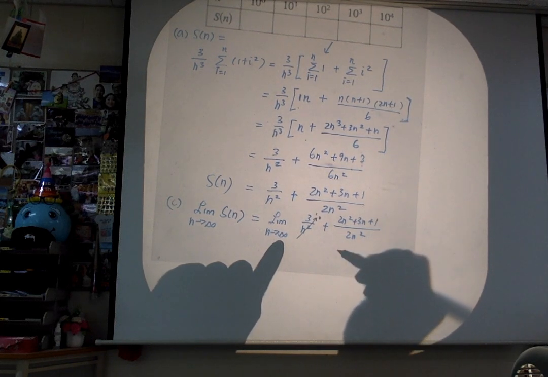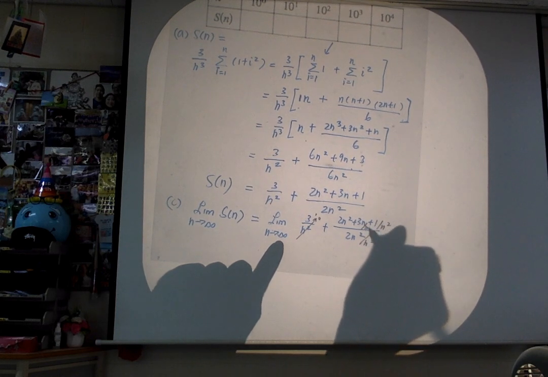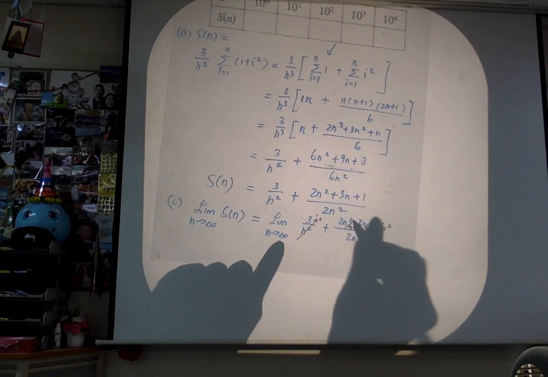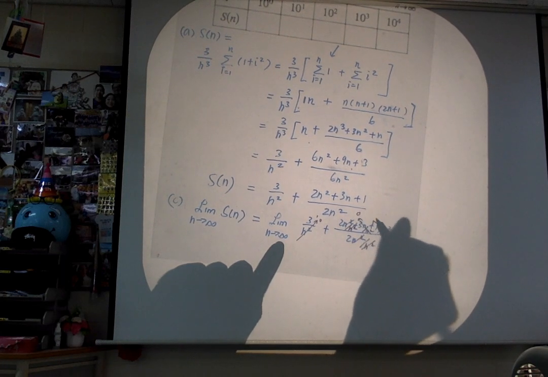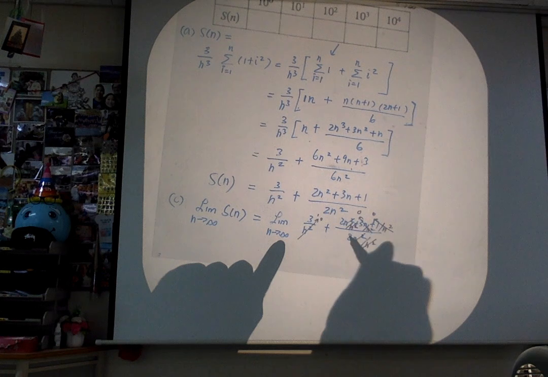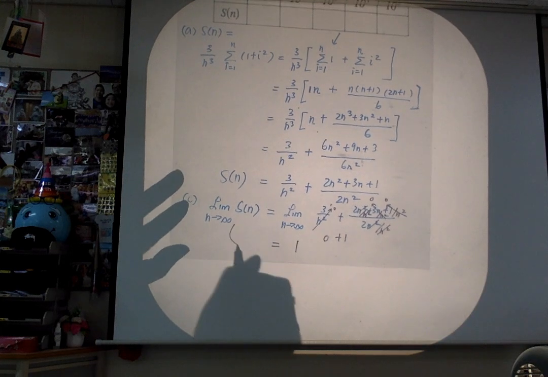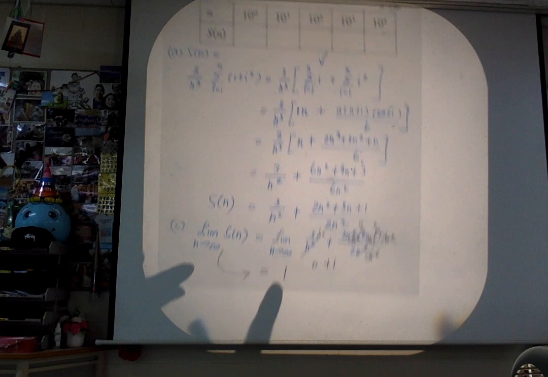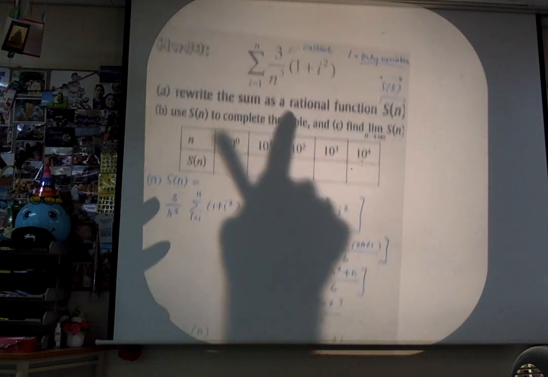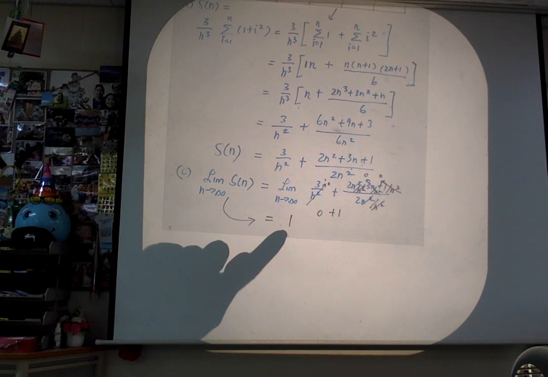All this goes to just 1, because you can divide this by n squared, n squared, n squared, n squared. And this goes to 0, this goes to 0. And you're left with 2 over 2, therefore the limit is 0 plus 1, or just 1. So the limit of S sub n as n approaches infinity is 1. That's the limit. So even if we add this n times, it's going to eventually reach 1 at max.